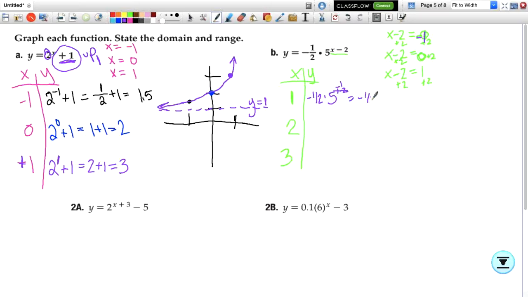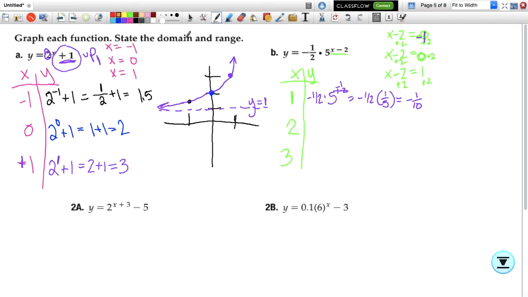So I technically have -1/2 times, instead of 5, 5 to the -1, which is the same thing as 1/5. Now I go across the top and across the bottom. A negative times a positive is a negative, 1/10. That's a very small point, 0.1. So I'm going to go over 1, up 1, down 1/10.